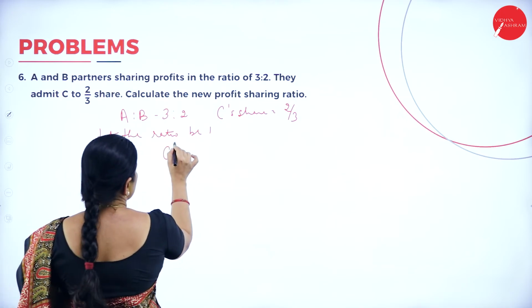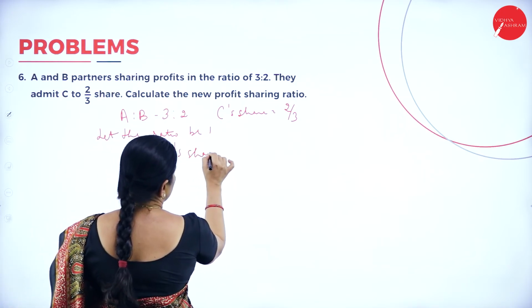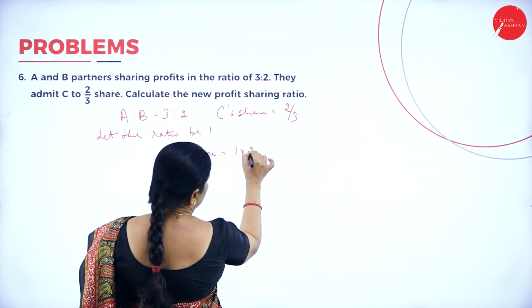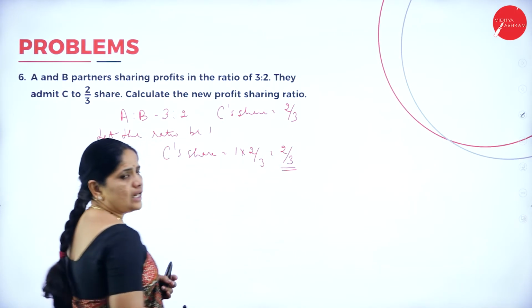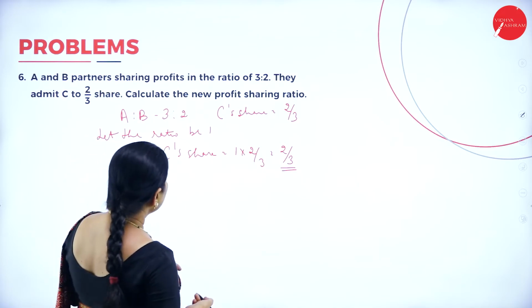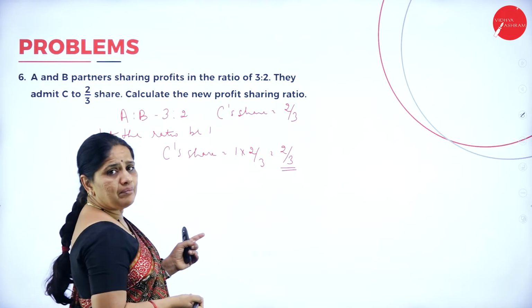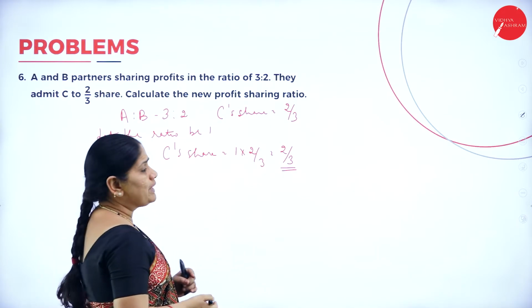Now, C's share will be 1 into 2/3, that is 2/3. So, I am left with 1 minus 2/3.